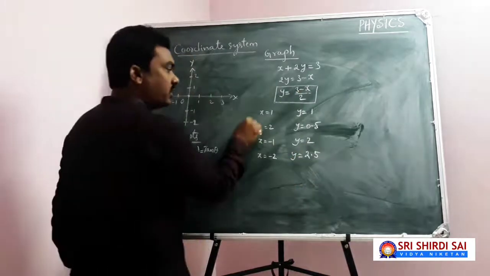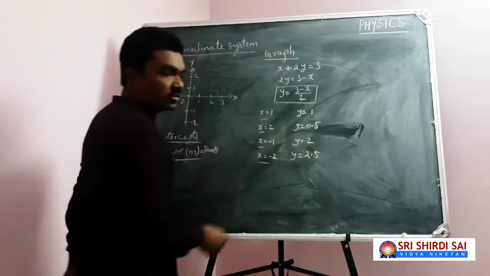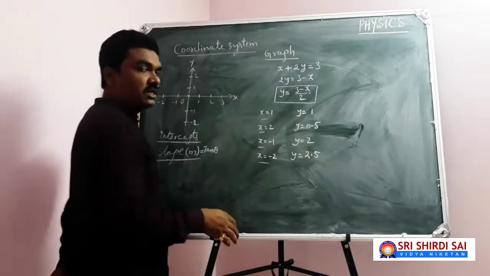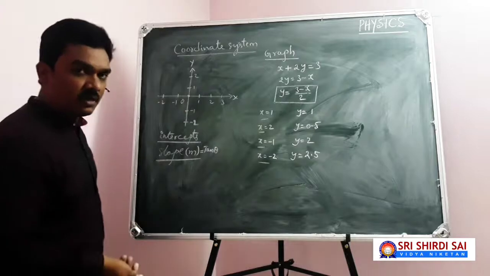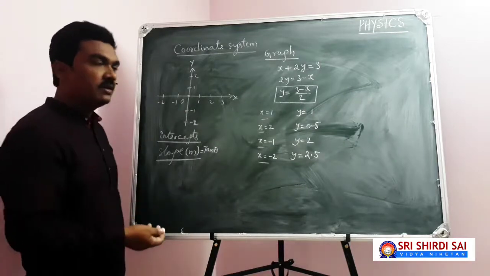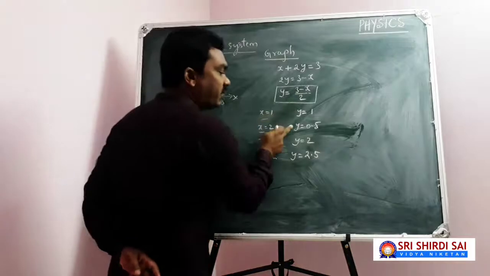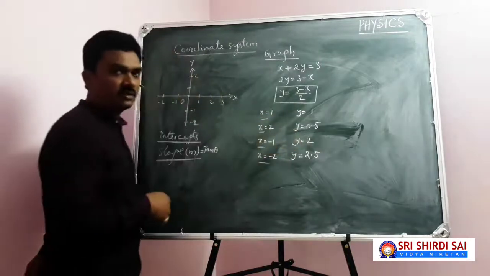So if you are going to change x value, then the value of y is going to change. That's the reason why I call x is independent variable. Independent variable. Variable but independent. Whereas y can be taken as dependent variable because y depends on x.